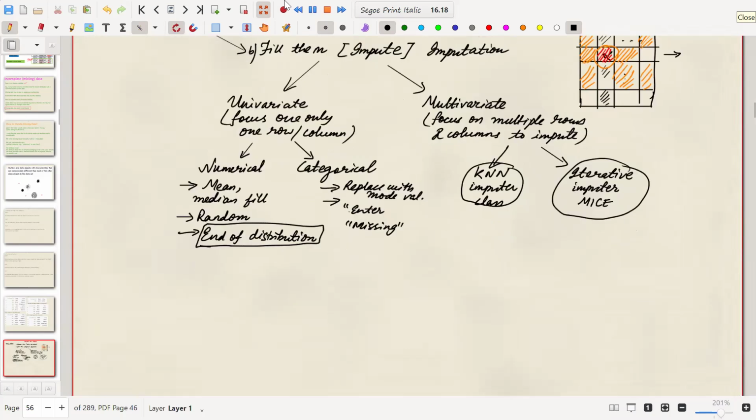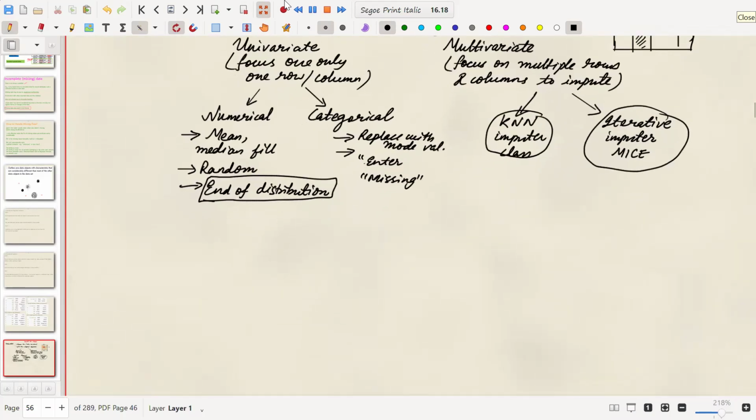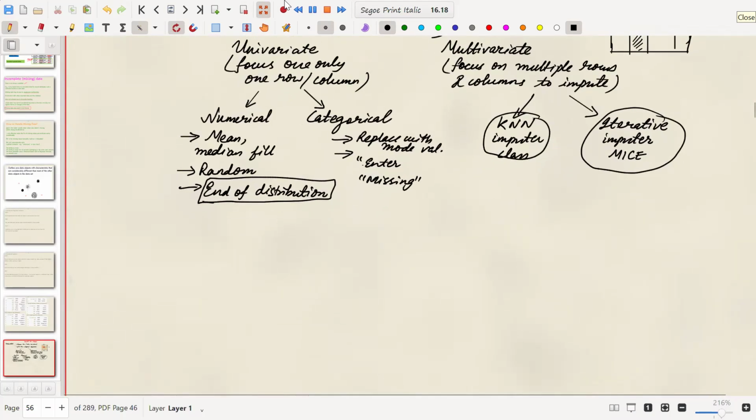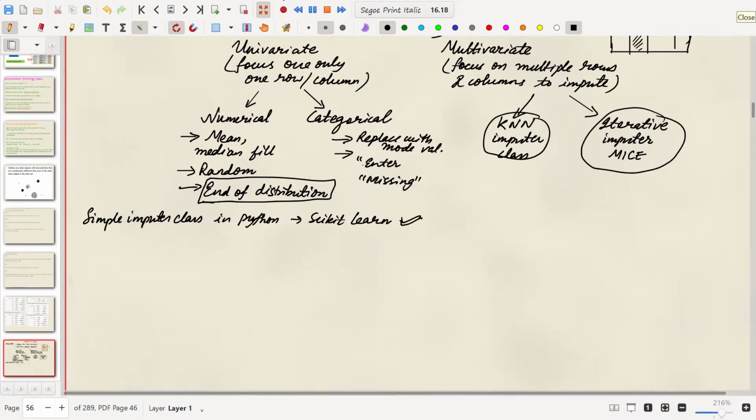You can also use the simple imputer class, which is available in Python, and you can use scikit-learn for that. But this is also a bit outside scope, and we will not be seeing that here.